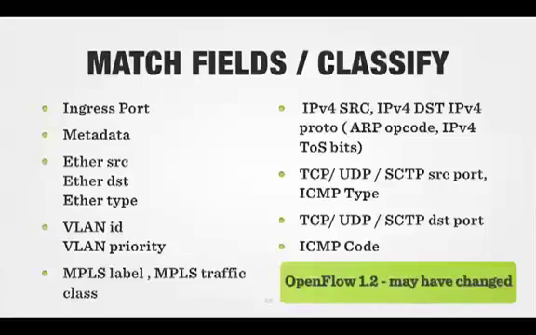You can also pop labels or push labels onto the stack, and look at the MPLS tag, details like that. You can also munge on IPv4, the full range of data in the IPv4 header, all the things that you might expect, TOS, ARP codes, stuff like that. And then you can also munge deeper into the TCP header, the layer 4 headers, and ICMP.